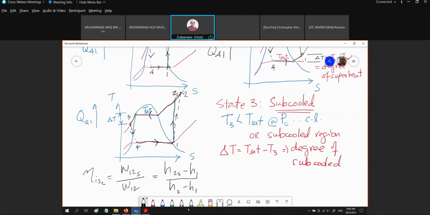After that, we change the state of 3 from saturated liquid to the subcooled region. So this method is all in order to increase the Q41.